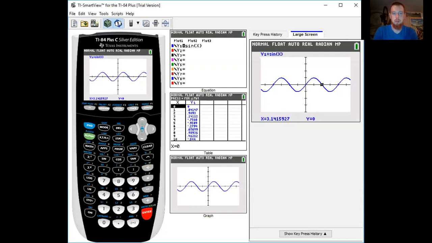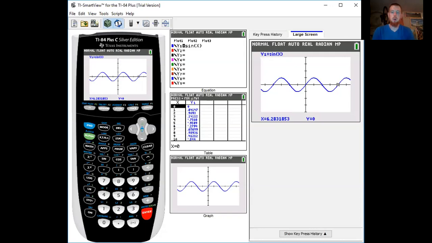Okay, that looks pretty familiar. 3.1415926, blah, blah. 3 pi over 2. 3 pi divided by 2, -1, and 2 pi, back to 0.